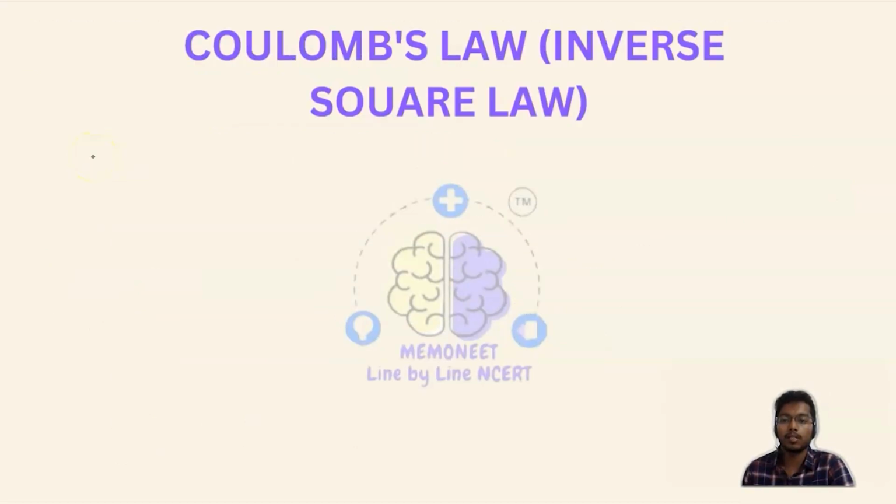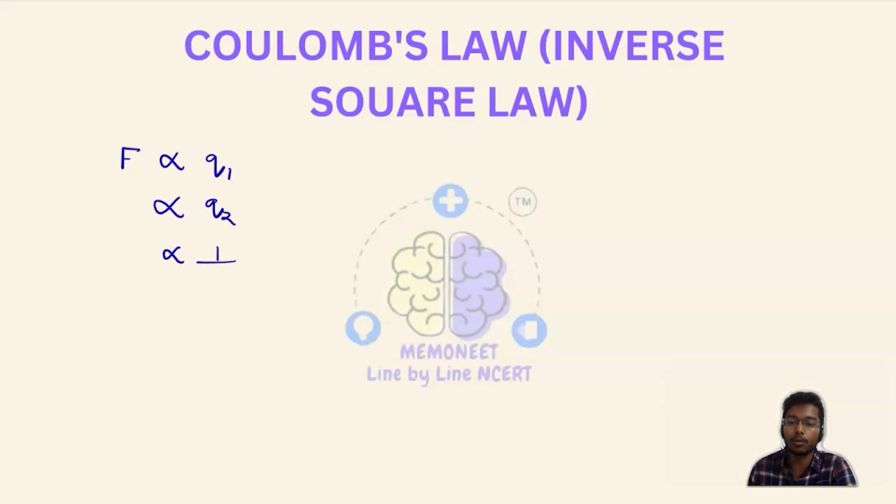Let's now move to the next part, that is Coulomb's law, or inverse square law. We know that it is defined for the electric force, the force experienced by the charge. This law states that the force is directly proportional to q1, the charge of one body, directly proportional to q2, the charge of another body, and inversely proportional to the square of the distance.